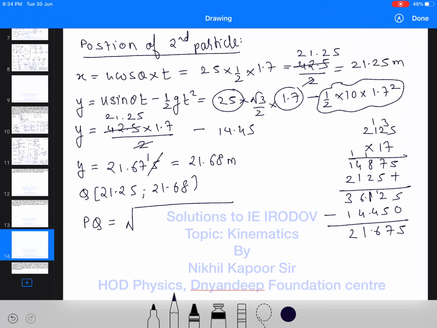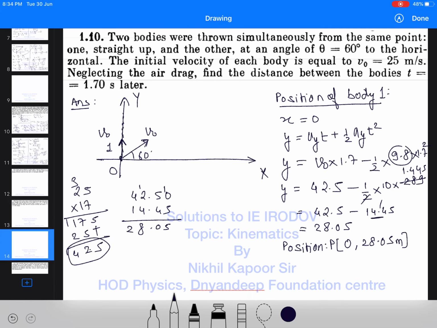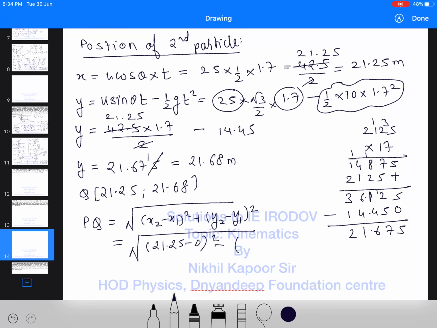Now by using the distance formula I can find PQ, which will be equal to the root of x2 minus x1 the whole square plus y2 minus y1 the whole square. The x difference is 21.25 minus 0, squared, plus the y difference.